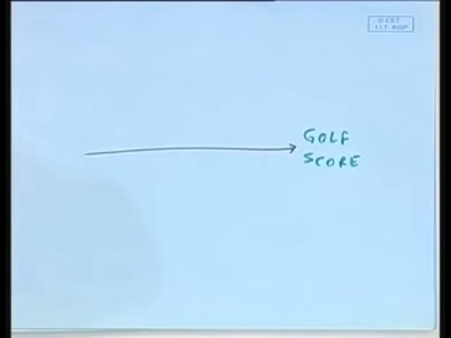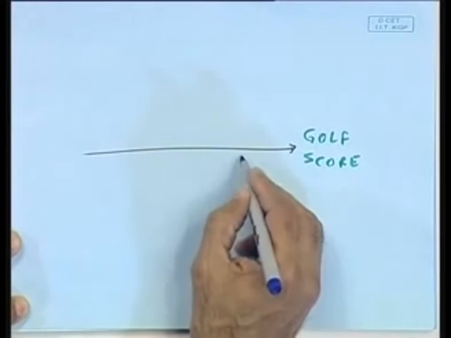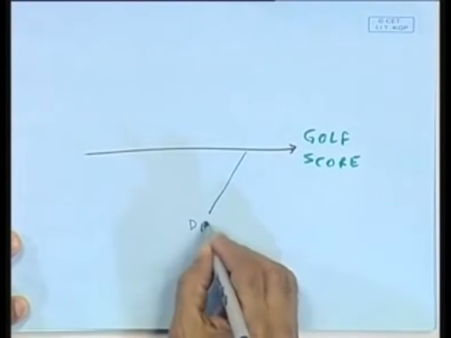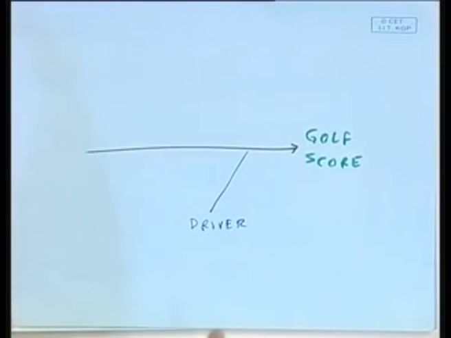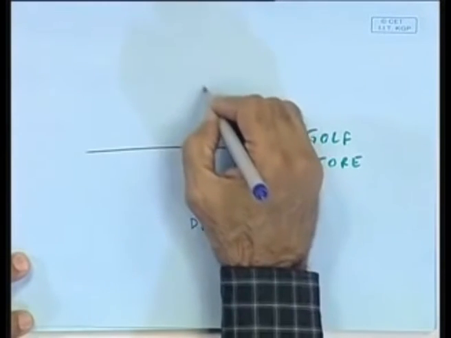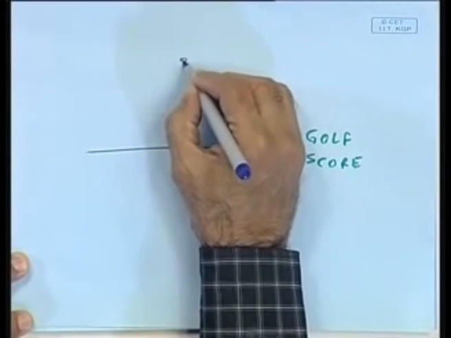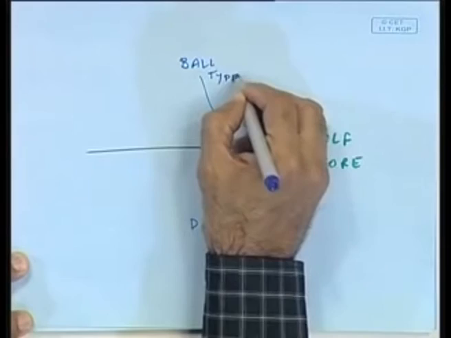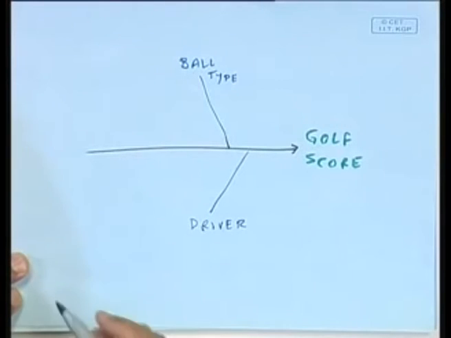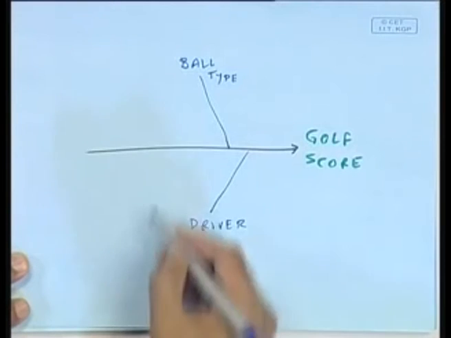Let's list out some of them. The ones that we have decided to use in our experiment are going to be the driver, this is the stick with which you hit the ball, and of course the ball type. This is also going to be one of those variables that you might like to optimize as you're playing golf to try to keep your score low.